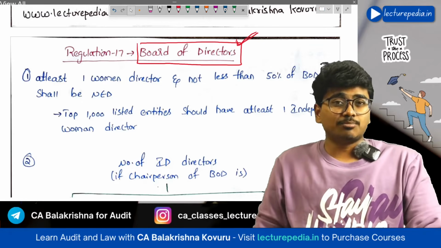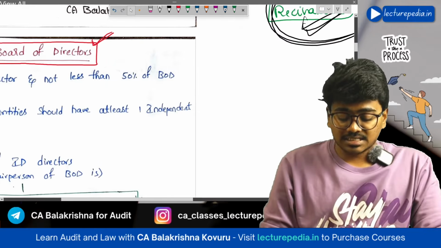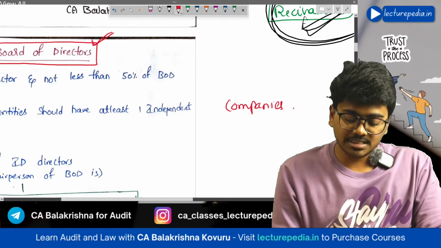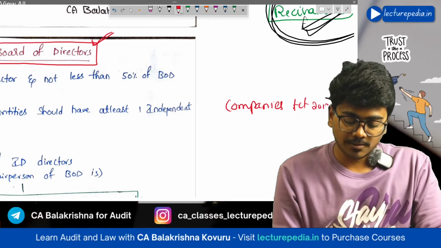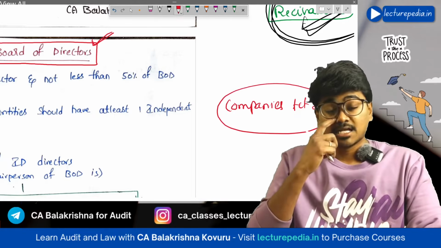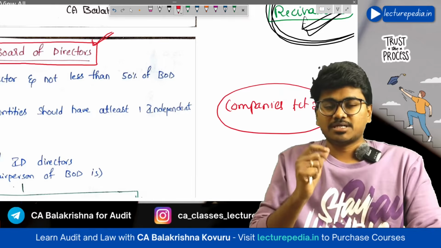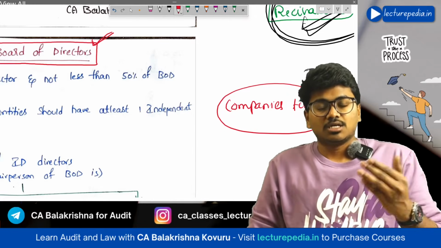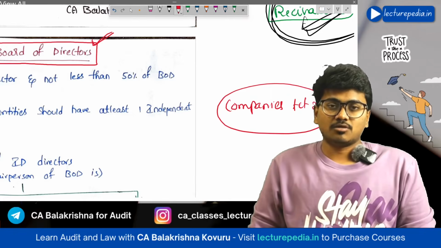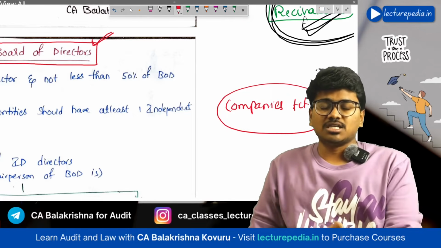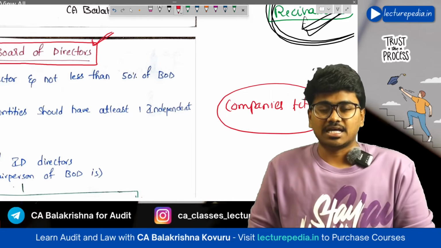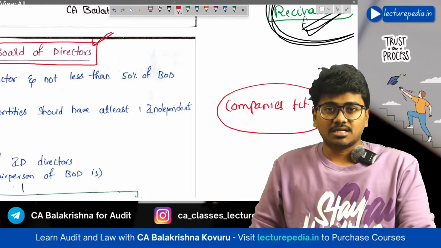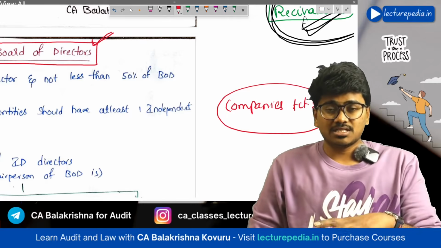See, now another important point. In the Companies Act 2013 also, there are various aspects with respect to the company. If you see directors only, in the first chapter, appointment and qualification of directors, we have seen various requirements with respect to the director. There should be one woman director, there should be a managing director, whole time director, all these aspects we have seen.